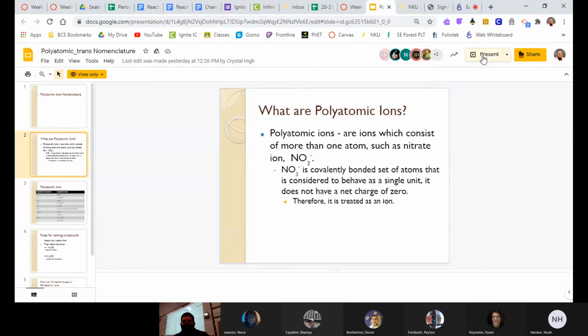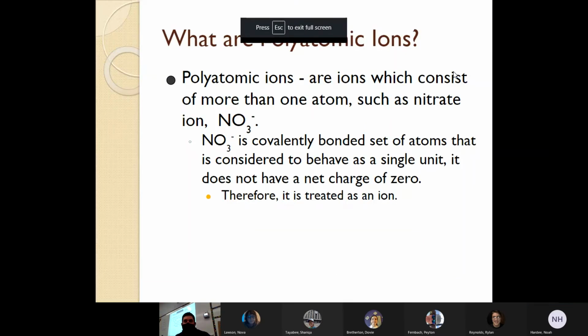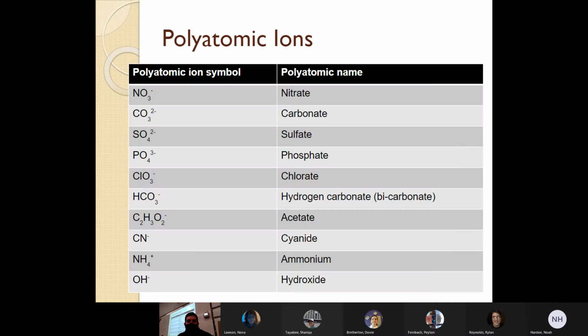Nitrate is covalently bonded between the nitrogen and the oxygen. They're sharing those electrons, and so they behave as one unit, as one ion, but they have more than one atom in them. And so therefore it is treated as an ion.